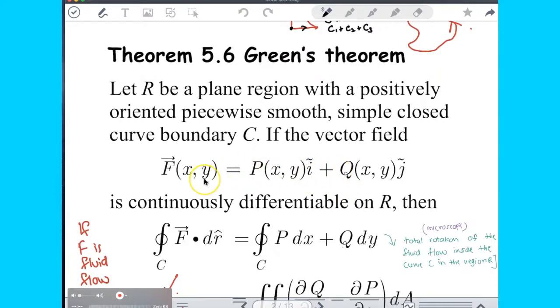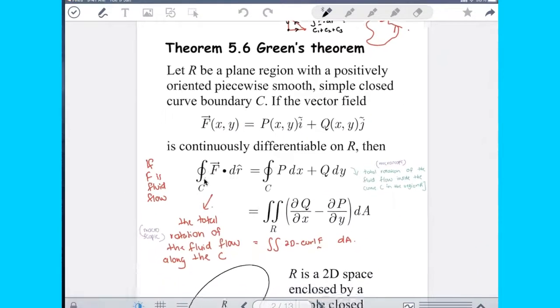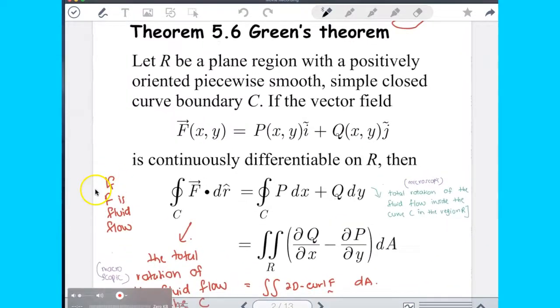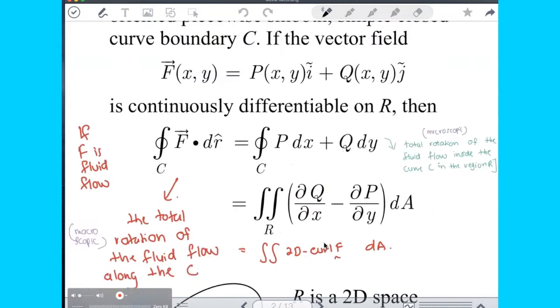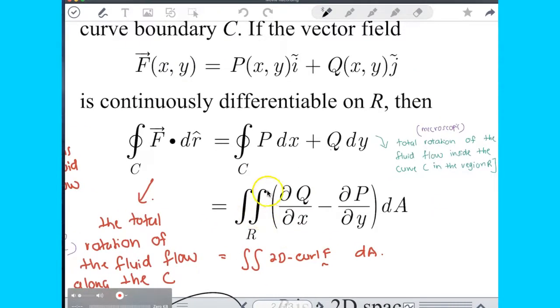So now what does Green's theorem say? Green's theorem is the relationship that relates the line integral, on your left side, F dot dr, which is P dx plus Q dy, to a surface integral, which you will learn in the next section.